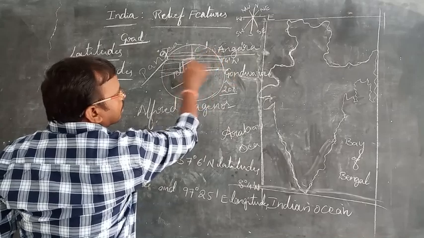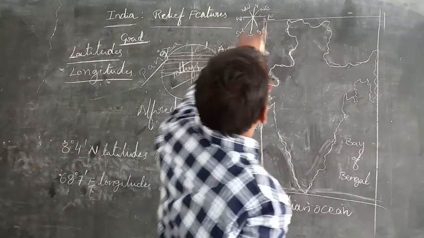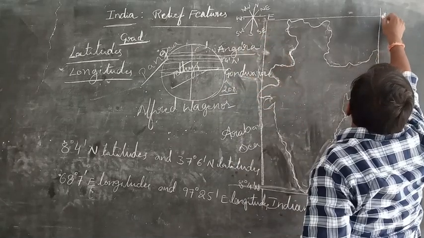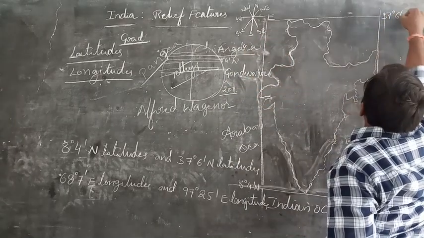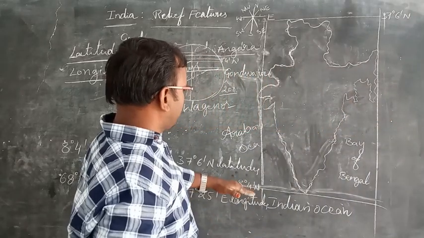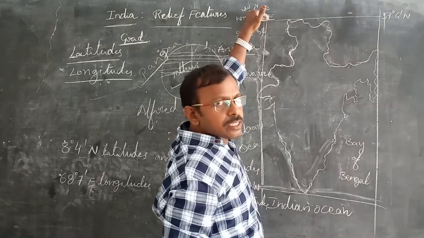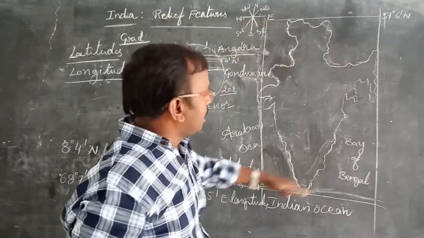This is the northern hemisphere, north latitude up to here, 37 degrees 6 minutes north latitude. India is located between 8 degrees 4 minutes and 37 degrees 6 minutes north latitude.